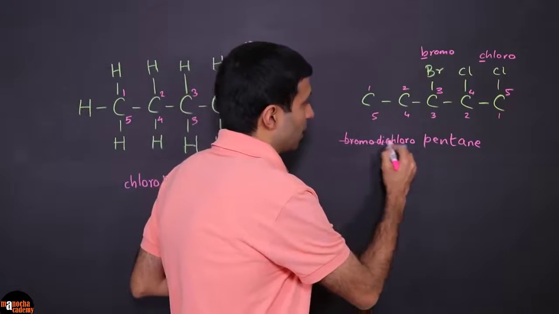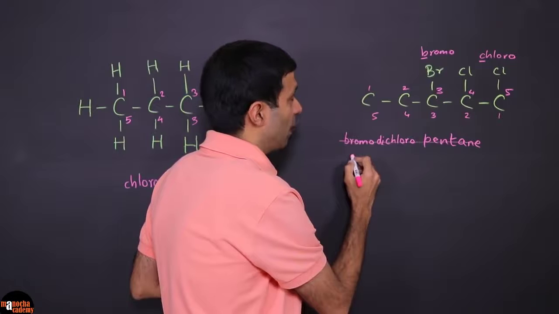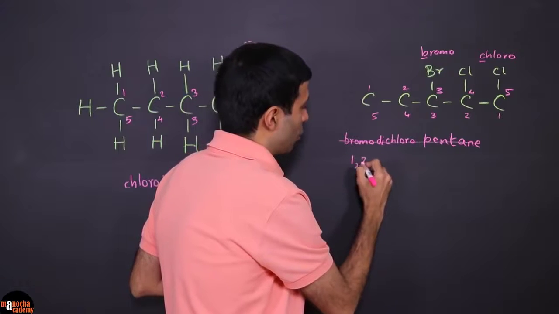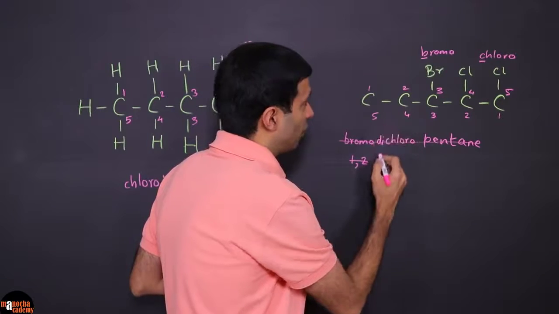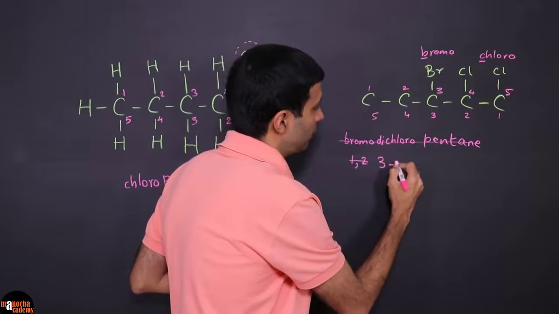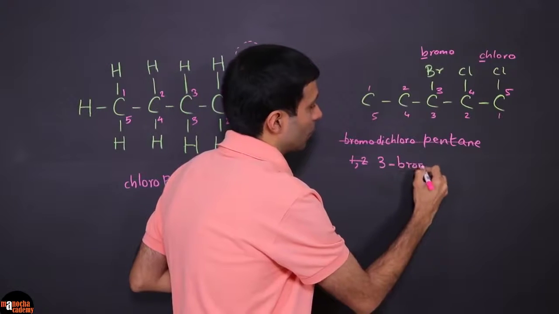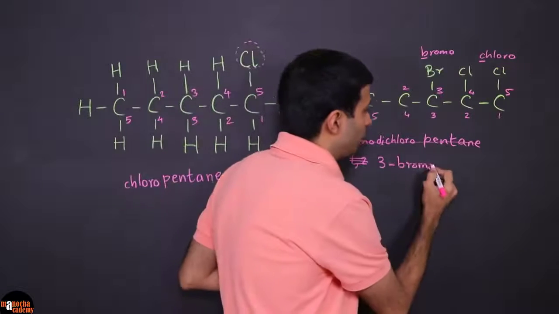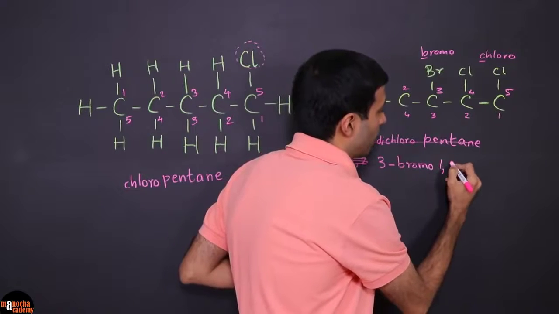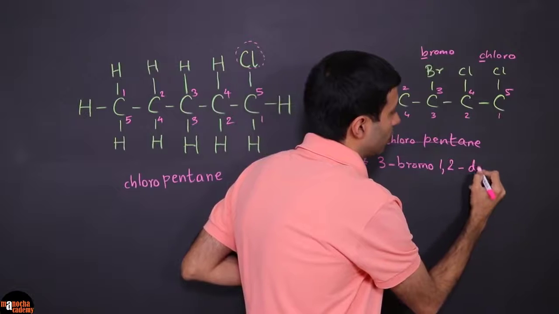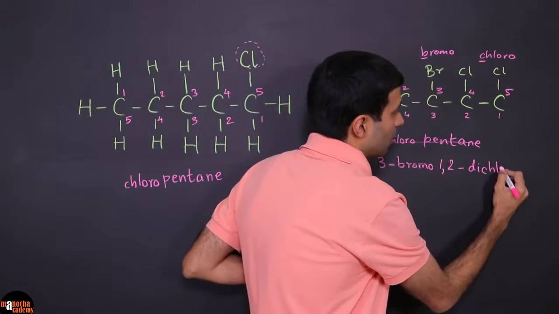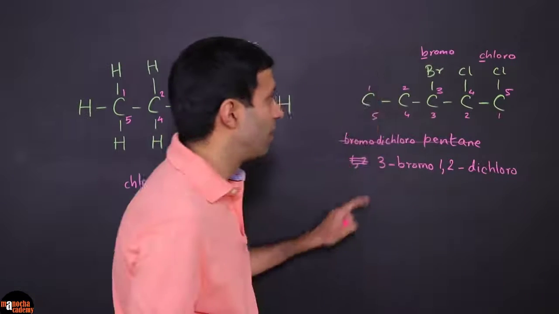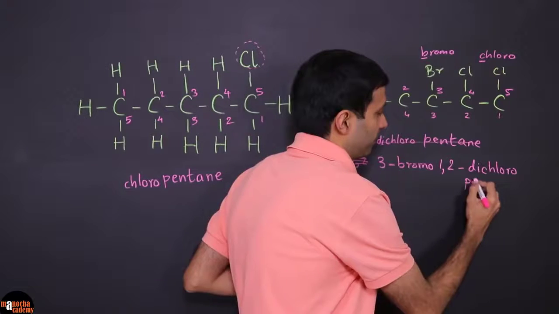It's going to be 3-bromo, so the bromo is at position number 3. And after that we have 1,2-dichloro, correct, and pentane.